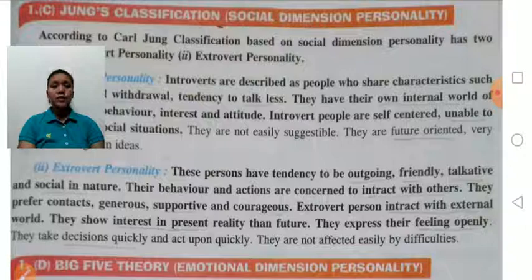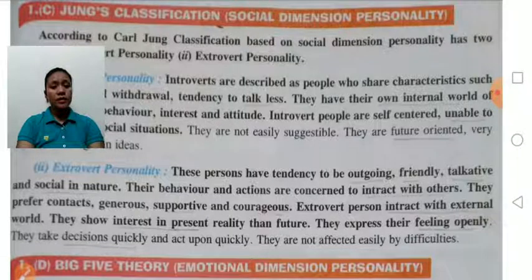These extrovert persons are outgoing, friendly, talkative, and social in nature, meaning they easily adjust in society and with other people. They are very talkative, and they are free in expressing their feelings openly. They easily express their feelings to other people.